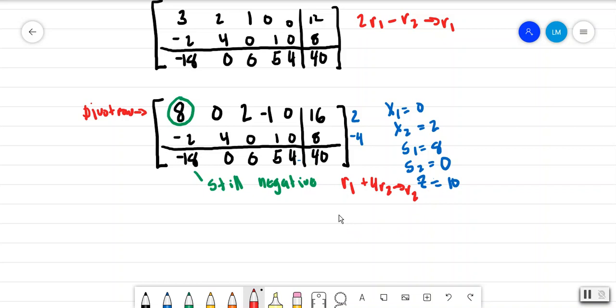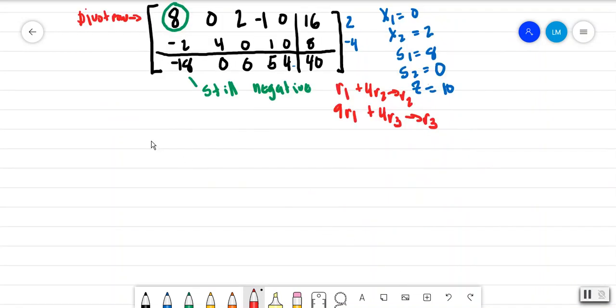But let's think about this. What we can probably do is just say that we'll do another row operation. So we'll say 9 times row 1 plus 4 times row 3, and this is going to give us a new row 3.